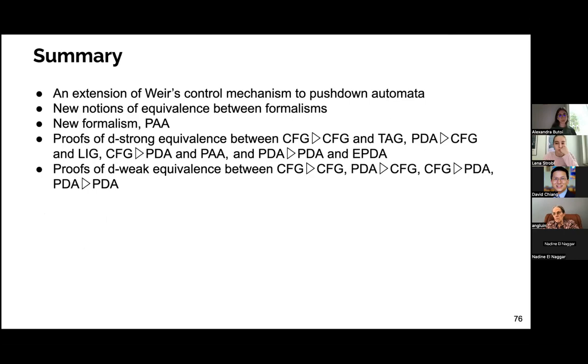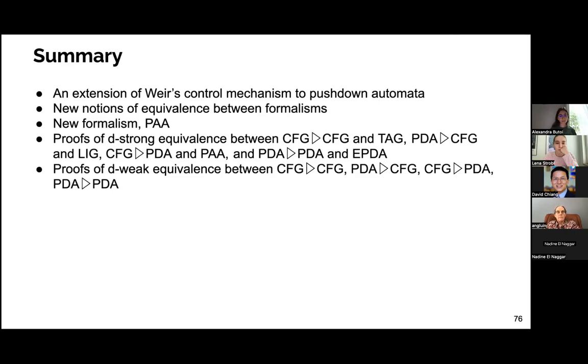We introduce a new formalism, pushdown adjoining automaton, and we also prove that we get strong equivalence between CFGs controlling CFGs and tree adjoining grammars, PDAs controlling CFGs and linear index grammars, CFGs controlling PDAs and pushdown adjoining automaton, and PDAs controlling PDAs and embedded pushdown automaton.